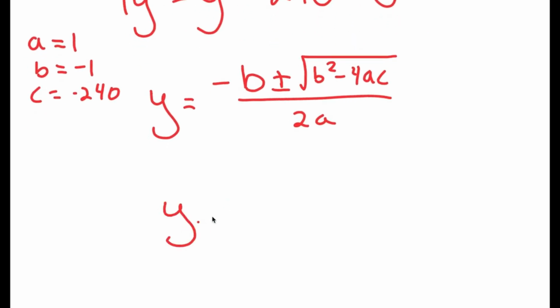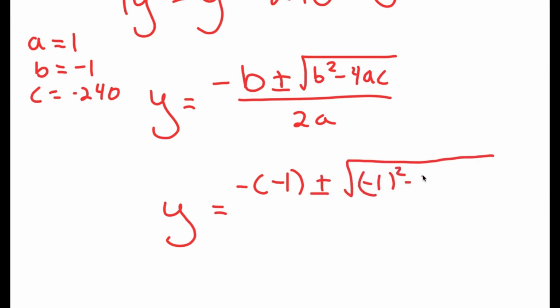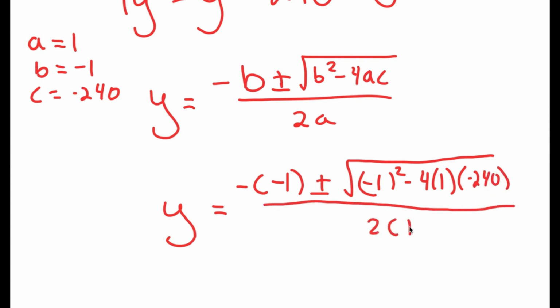So I get y is equal to negative of negative 1 plus or minus the square root of negative 1 squared minus 4 times 1 times negative 240, all over 2a, so 2 times 1.